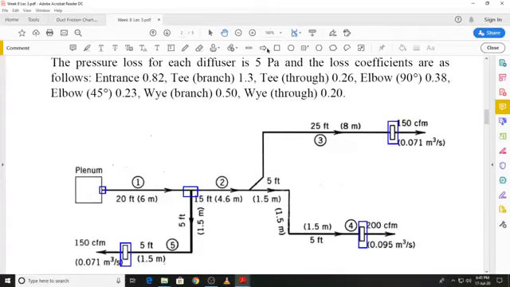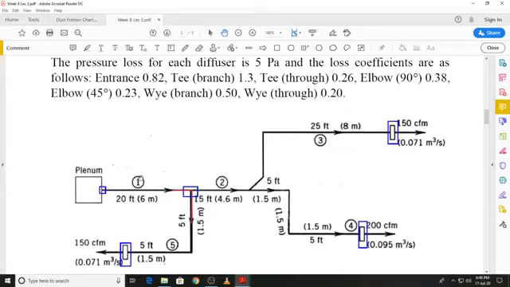The way to interpret it is that if we look at the flow of air through this fitting, it goes from the main duct and then it goes into the branch. So that is going into the T and from the T into the branch.